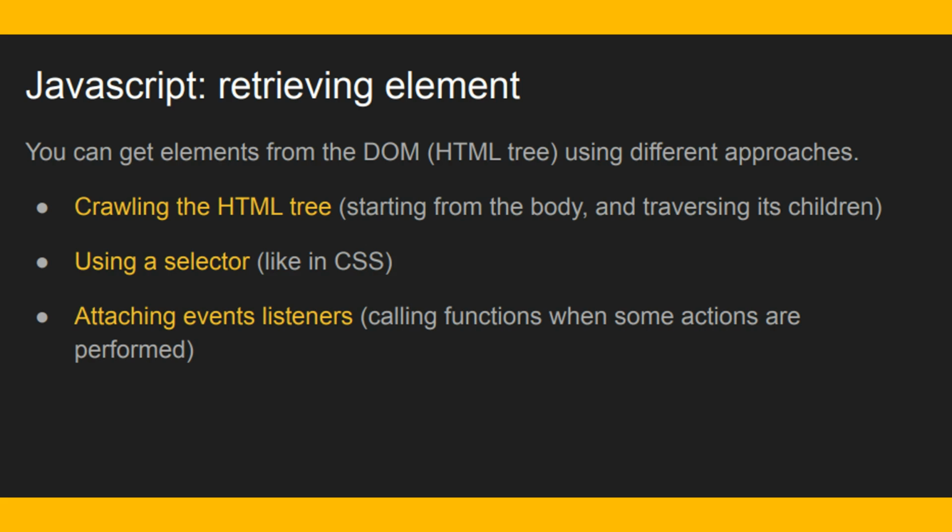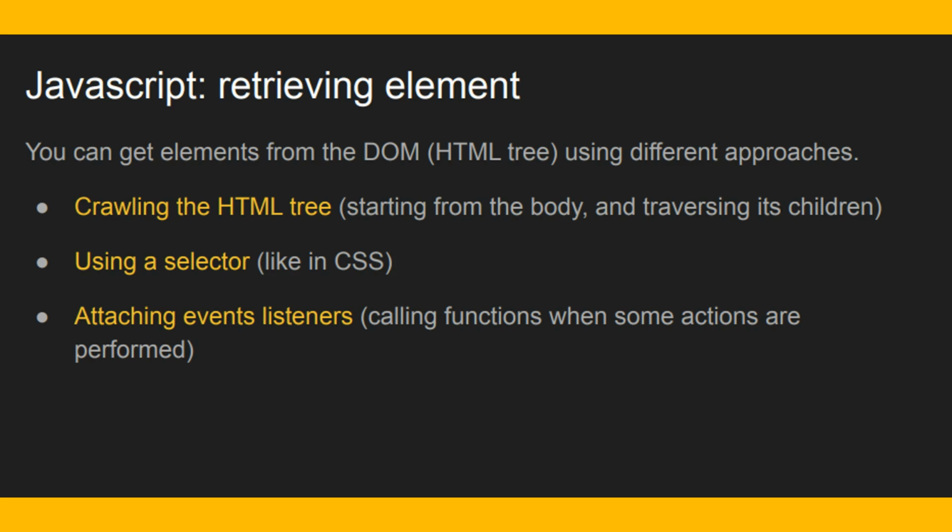One way you can retrieve elements from HTML into JavaScript is crawling the HTML tree, starting from the body and traversing its children. Two, using a selector like in CSS. If you do not remember selectors, I recommend you go back and watch my video on understanding CSS.